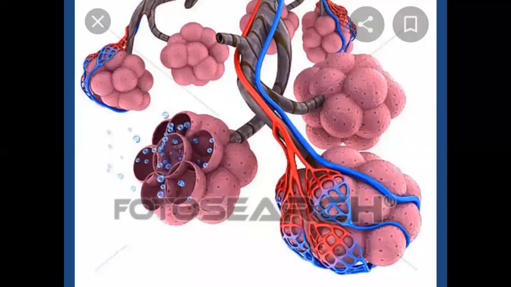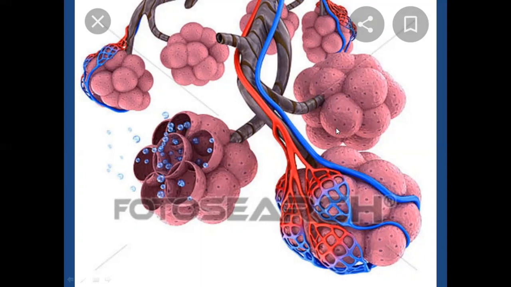Dear students, as I told you, the bronchi are divided into small branches called bronchioles. At the tip of these bronchioles are tiny air sacs. You can see these tiny air sacs, the balls, in this image.